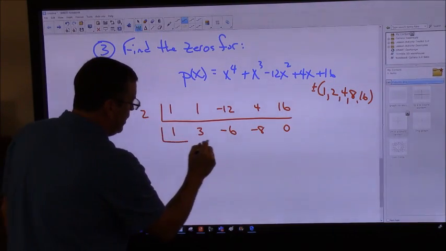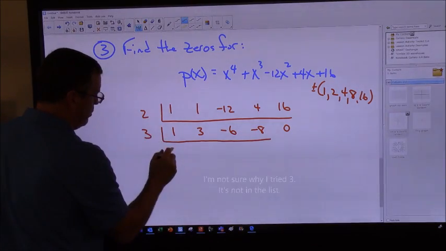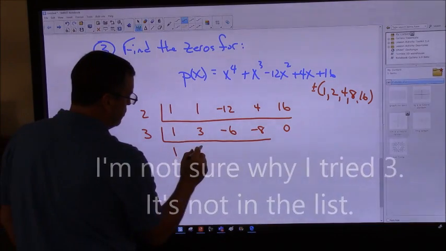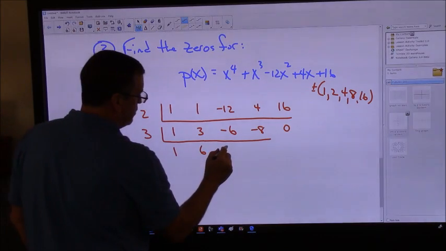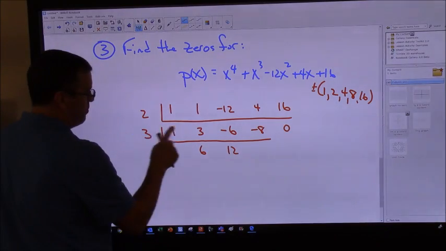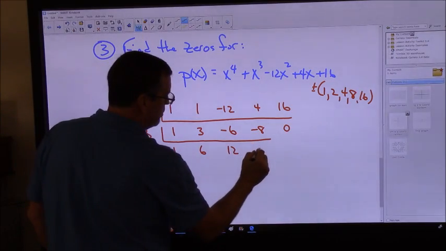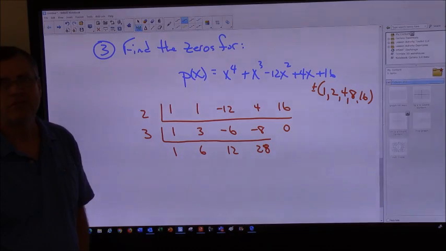So I'm now going to try another number. Let's just say I try 3. Bring the first number down, multiply, you get 3, add to this, you get 6. Here I get 18 minus 6, that's 12. 3, that's going to be 36. Minus 8, that's 28. That didn't work. Okay?